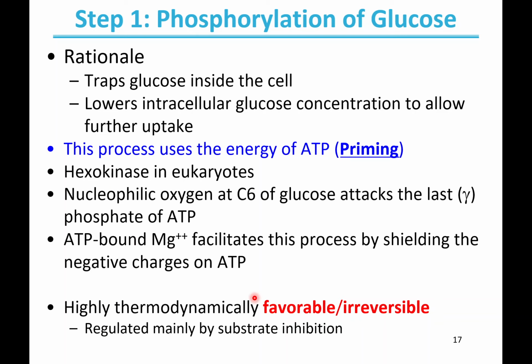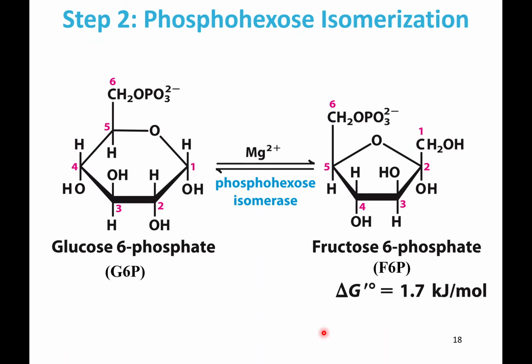And this is highly thermodynamically favorable, which makes it an irreversible step. It's regulated mainly by substrate inhibition. We'll talk about the regulation of glycolysis in a later lecture, so don't feel like you have to understand that quite fully yet.